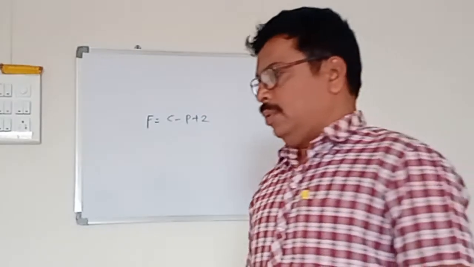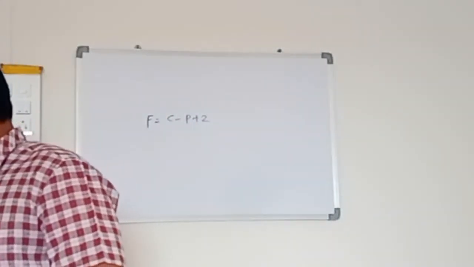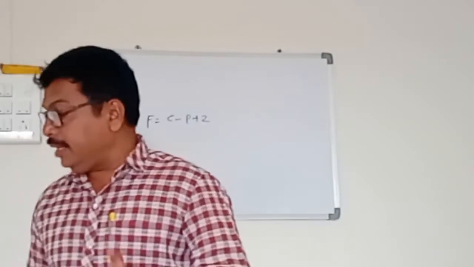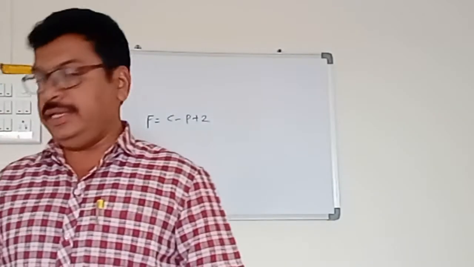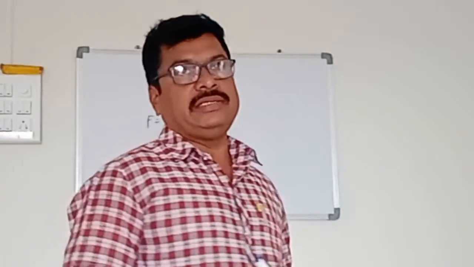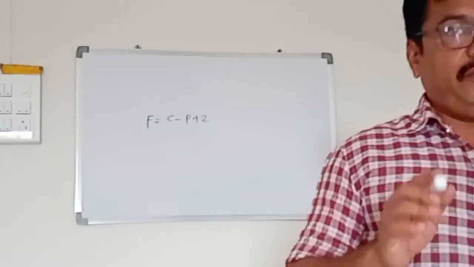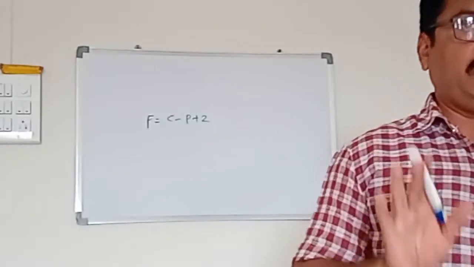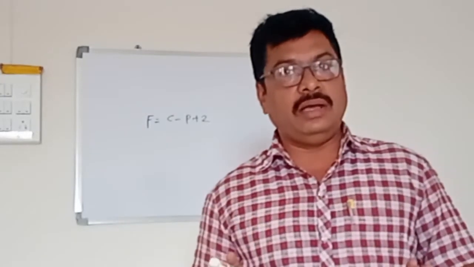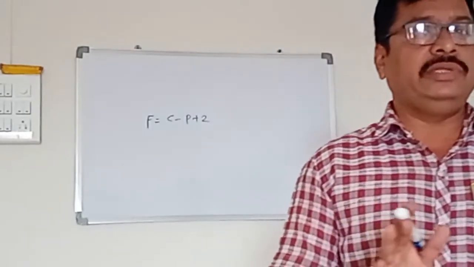The first rule is that the chemical formula representing the composition of a phase should be written on the left hand side. The composition of a phase is represented by a particular formula, and that formula should be written on the left hand side.